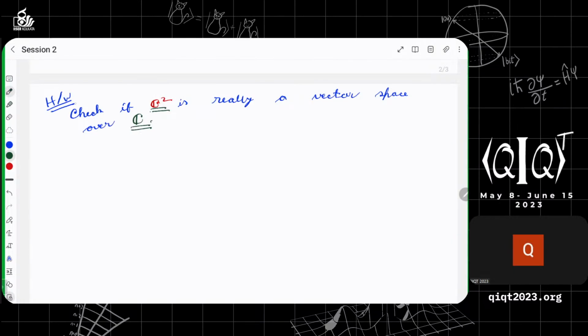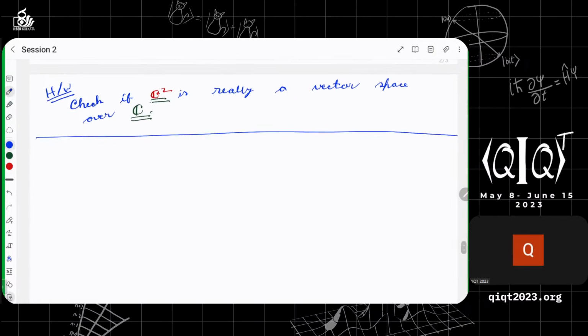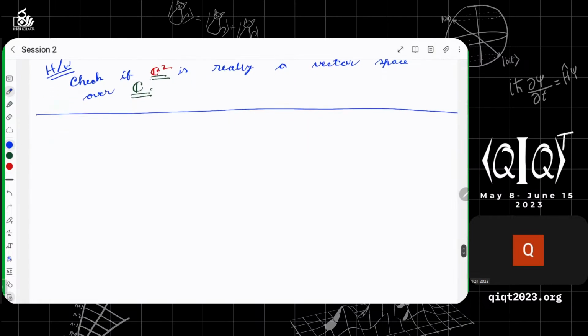So this is something which you can do in your leisure time. But for the time being, let's ask ourselves whether R3, the space that we know is a vector space, is it a vector space over C?